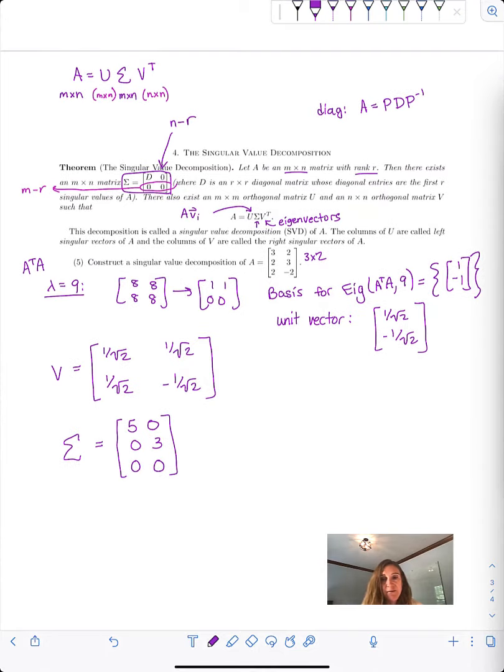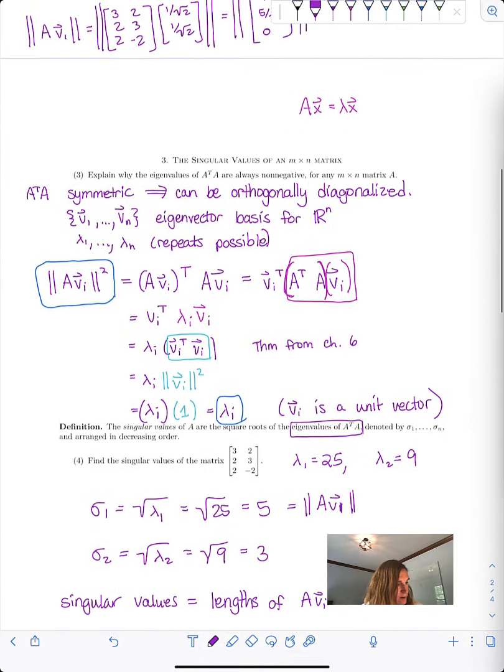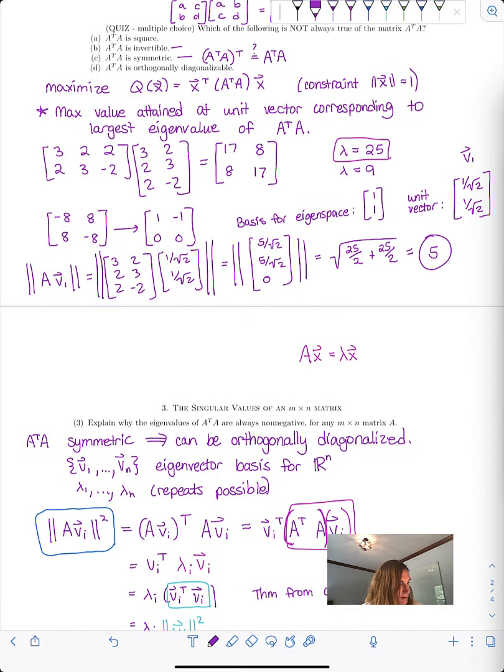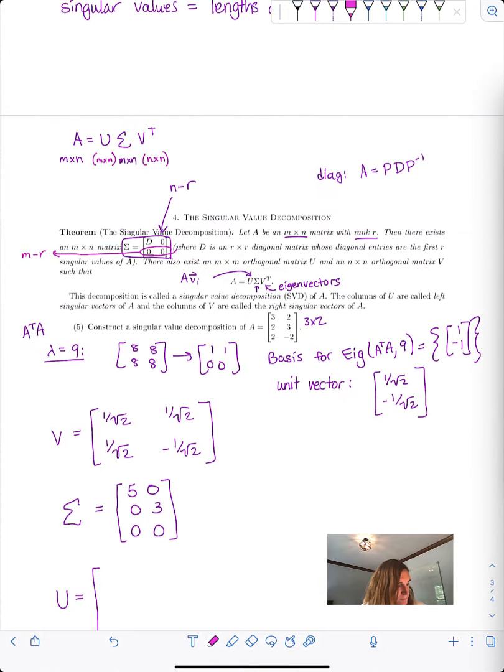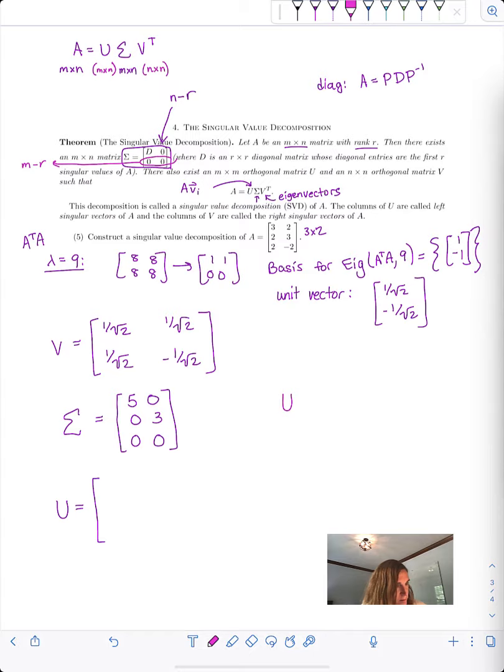And then the last thing we have to put in is our U, which corresponds to our A times x. If you remember, we got our first A times x up here, with this 5 root 2. Except we have one more thing we have to do for our U. Our U columns, we call it u_i, is 1 over sigma_i times A v_i.